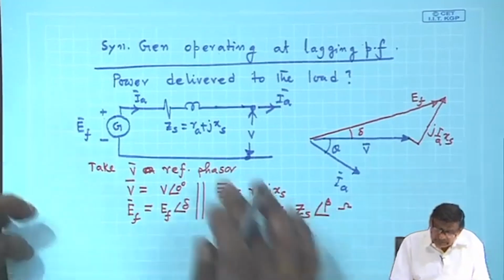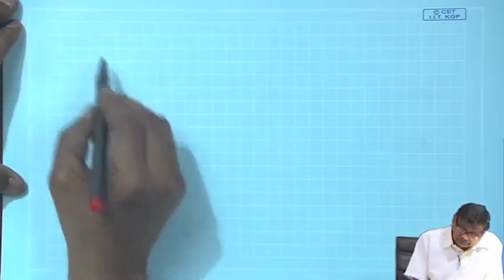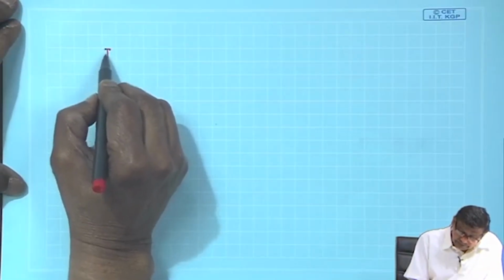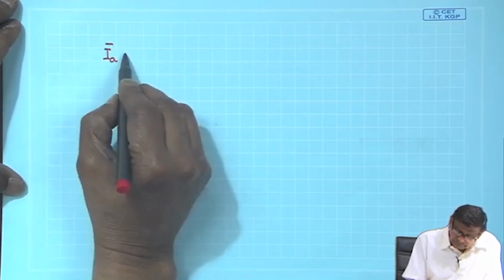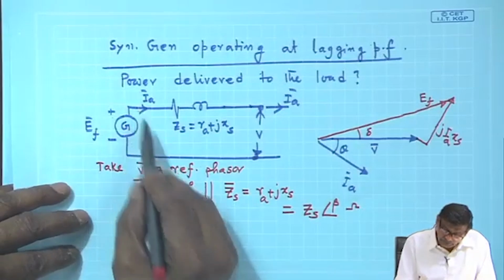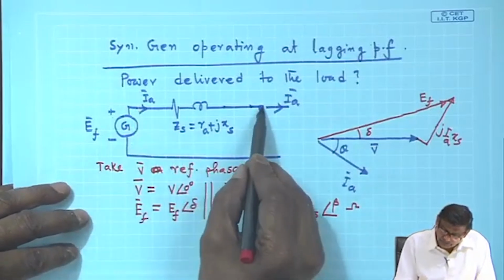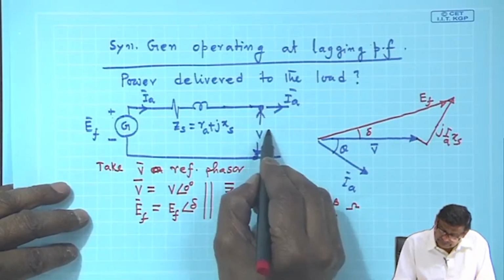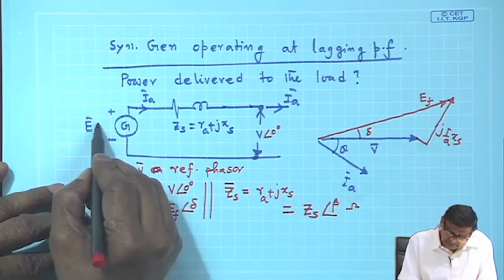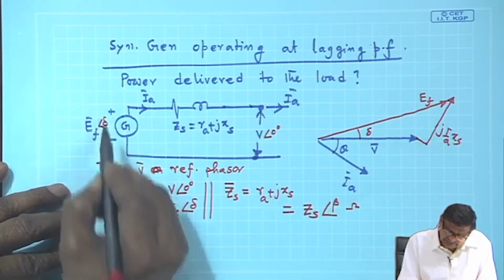If this is the thing, then I want to calculate the armature current. Armature current will be this voltage minus this voltage, which is 0 degree, and this angle is delta.